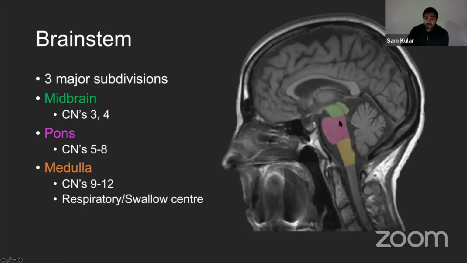So it's where the cranial nerves exit and go to their respective areas where they have their function. So cranial nerves 3 and 4 will exit the midbrain and go towards the eye, where they have their various functions on movement of the eye muscles. The pons, cranial nerves 5 to 8, and the medulla, cranial nerves 9 to 12, as well as the respiratory and swallow centers.